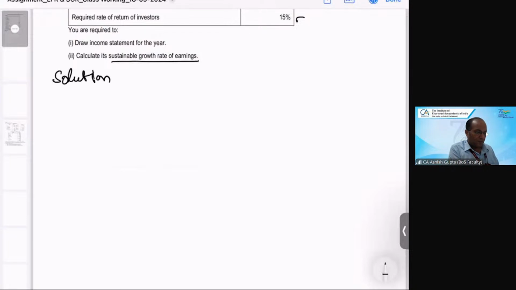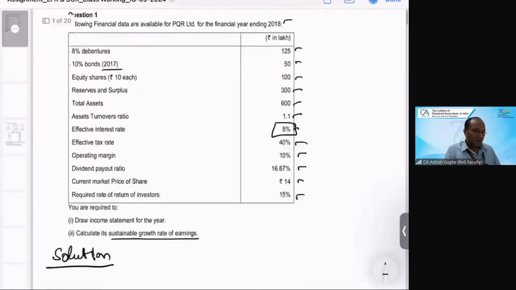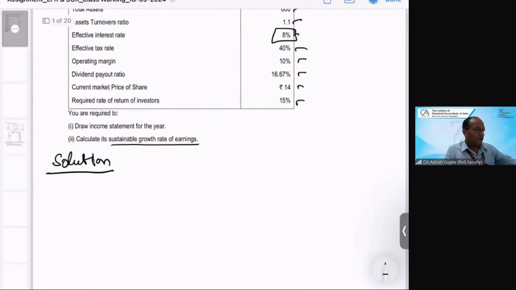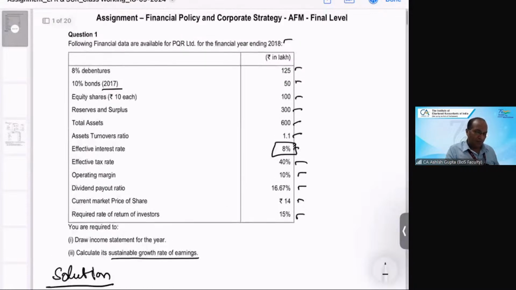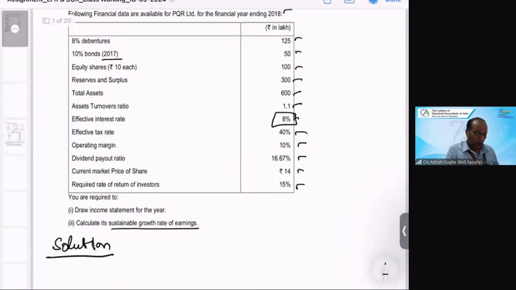Okay, students, now let us start solving the question. First of all, we have to draw out the income statement, and for drawing it out we of course have data with us, because we have sales.